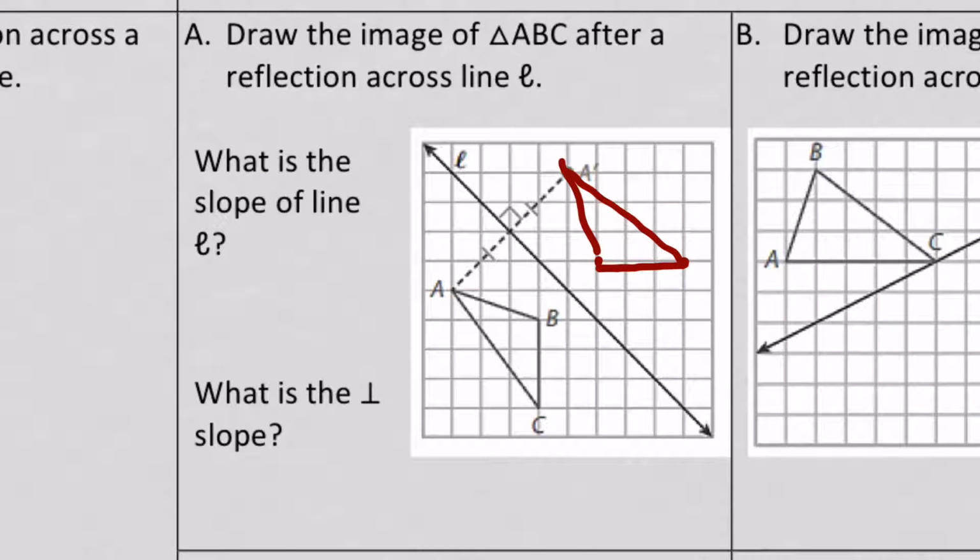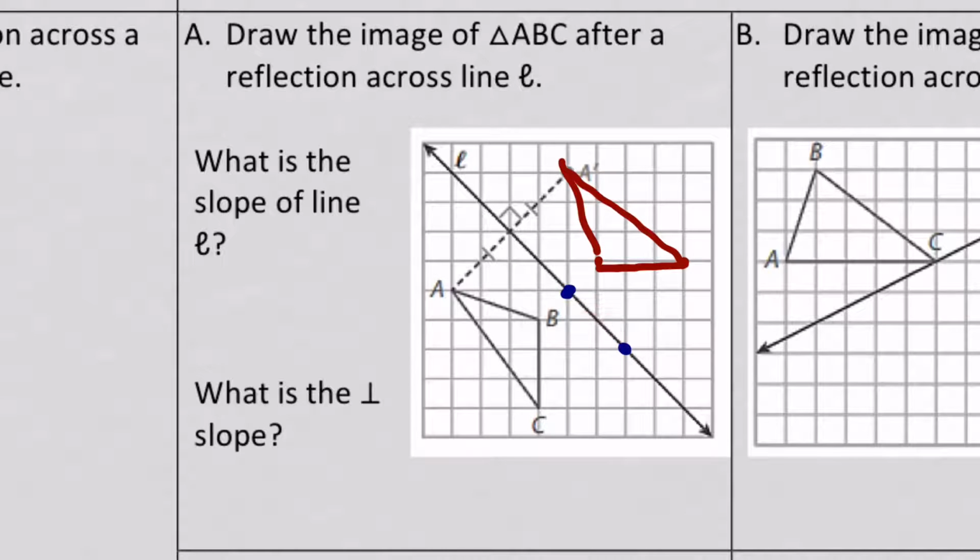The next question is, what is the slope of line L? So for that, all we need to do is just count squares. Here's line L. The slope, pick any 2 points on line L. So for example, I'm just gonna label 2 points. Here's 1 point on line L, and here's another point on line L. I just chose those two randomly. What is the slope? Just find the rise and the run.